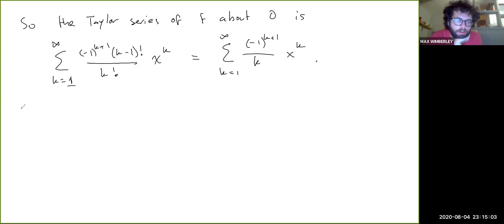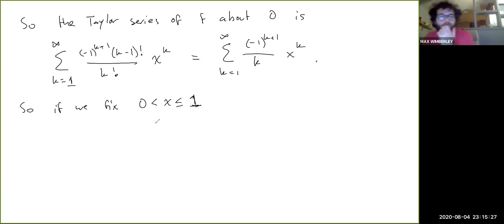And then, if we fix x, let's say 0 less than x less than or equal to 1. Okay, sorry, I was just checking something in the notes again.